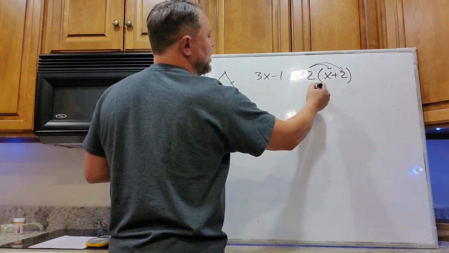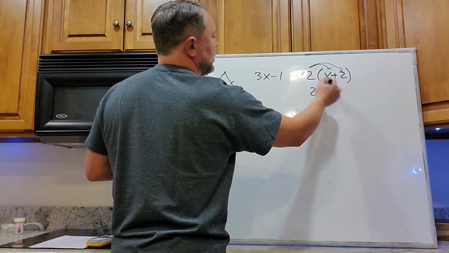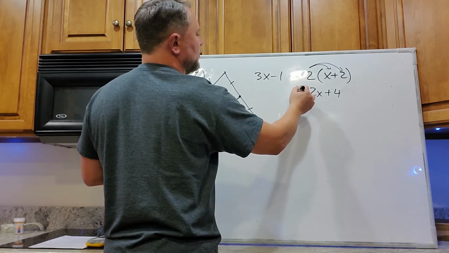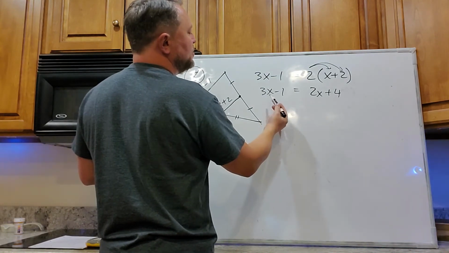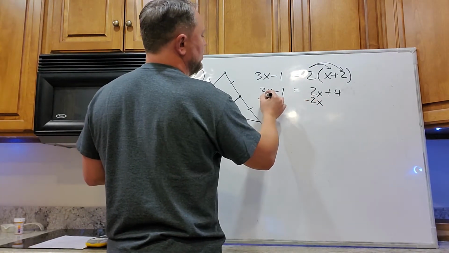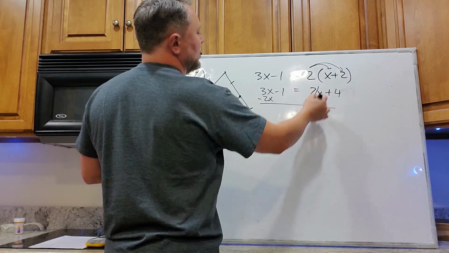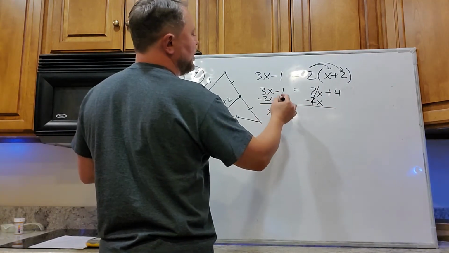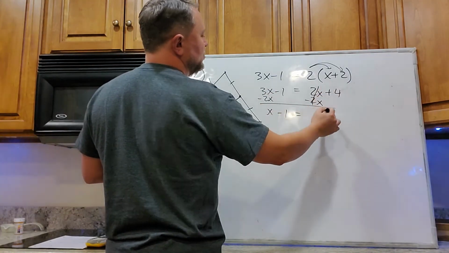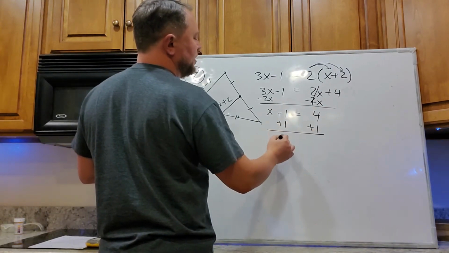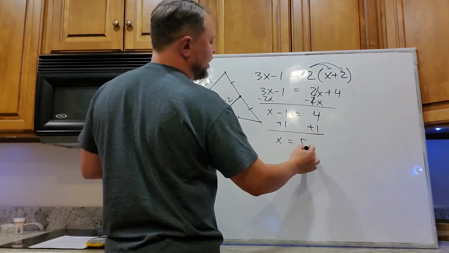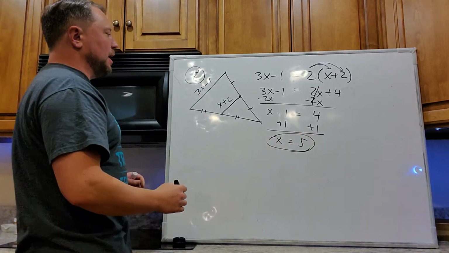So 2 times x is 2x, and 2 times 2 is 4. And at this point, I've got a Sheriff Bandit situation. I'm going to get rid of the weaker one. Okay, so now I'm down to x minus 1 equals 4. Add 1 to get that x by itself. And we find that x is 5.